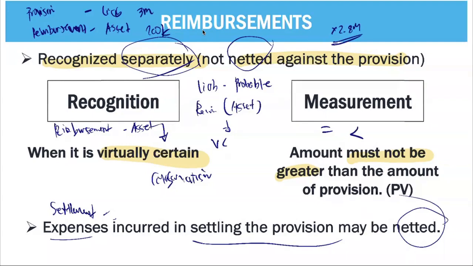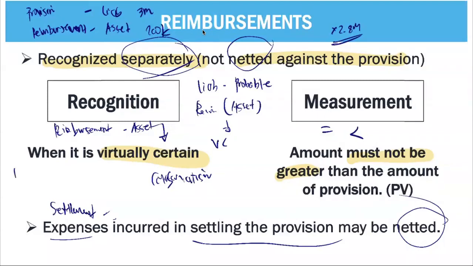You recognize it only when it is virtually certain, pursuant to the conservatism principle. When you measure it, it must not be greater than the amount of the provision. It should only be equal to the amount of your loss or your provision, or it must be less than it. Why do I say that a provision is a loss?